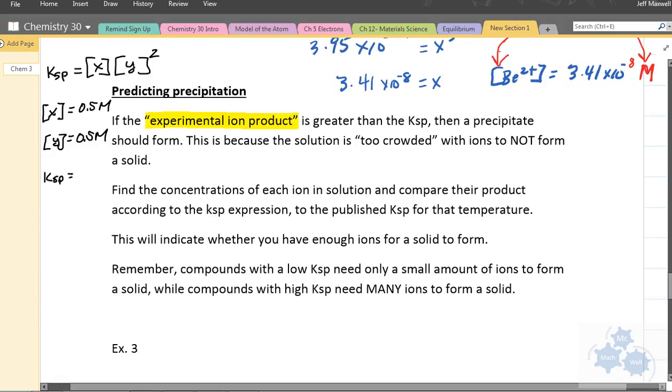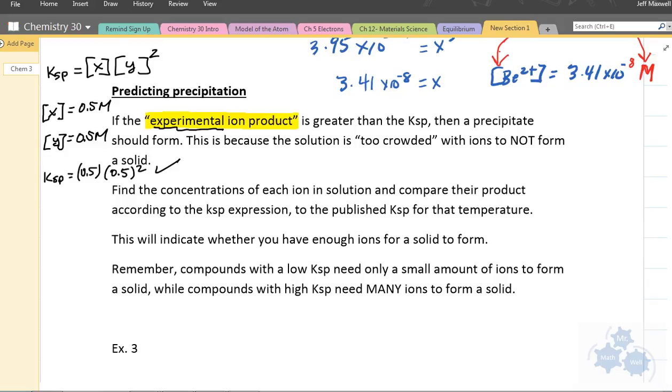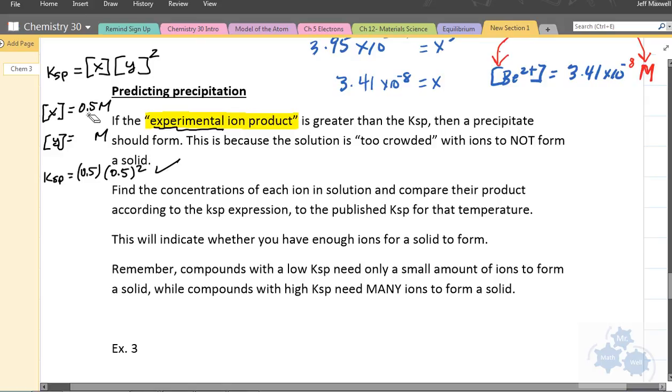Let's do X and Y here. The Ksp would be 0.5 times 0.5 squared. Now, this is how you'd find the actual Ksp for a saturated solution, and you'd find your Ksp. The experimental ion product basically says, in an experiment, let's say you don't have these values, but you have something else, like 0.75 and 0.2.